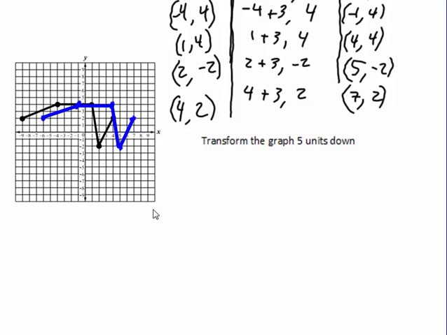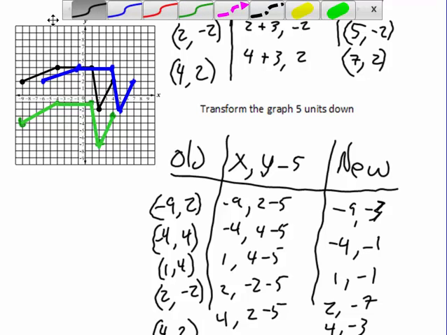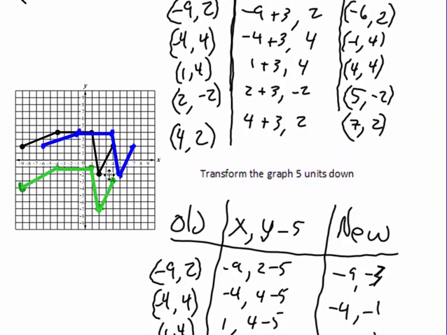All right, so let's try this one more time. Now I'm going to use green to plot this one here. Very good. Now we can see both transformations on the same graph.